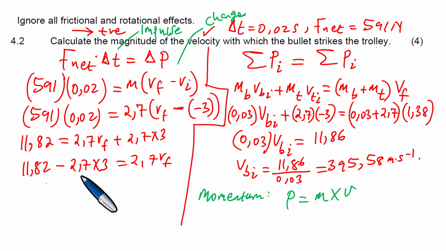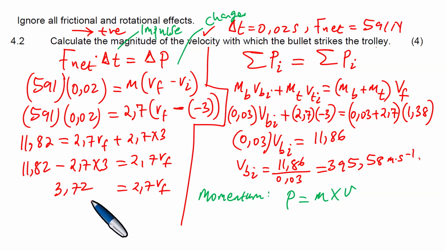What is 11,82 minus 2,7 times 3? What answer are you getting? I get 3,72. You get 3,72.